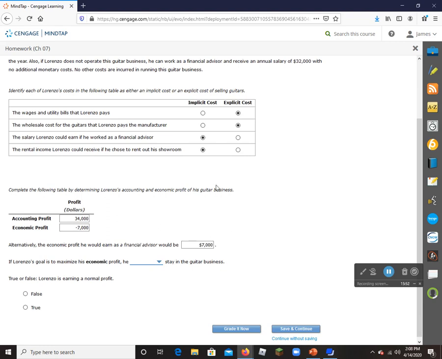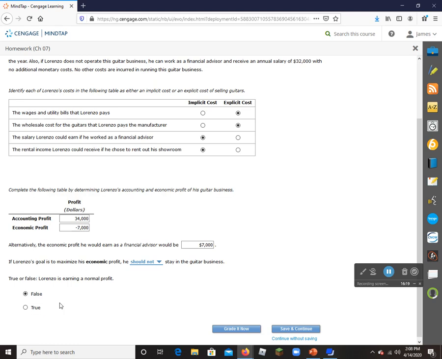Because he would rent the building out. If Lorenzo's goal is to maximize his economic profit, he should not stay in the guitar business. Get out of the business, shut it down, rent the building out, and go work as a financial advisor for $32,000.